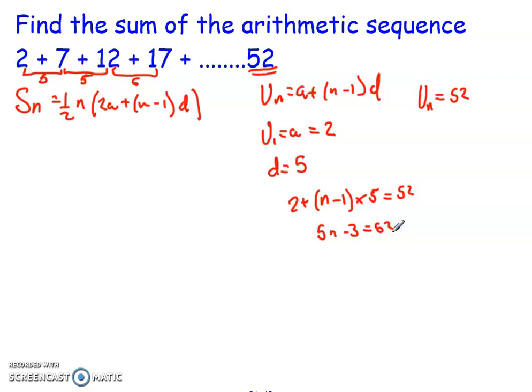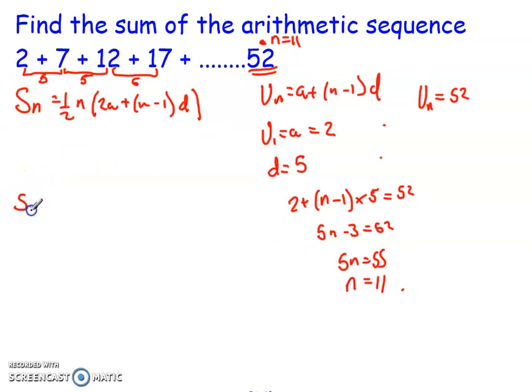That there, nice straightforward linear equation for us to be able to solve. 5n is equal to 55. n is equal to 11. So I know that the 52 here would occur when n is equal to 11, i.e. that would be the 11th term of our sequence. So now that I know all three bits of information, my a, my d, and my n, I can substitute it all into here and figure out what my sum is.